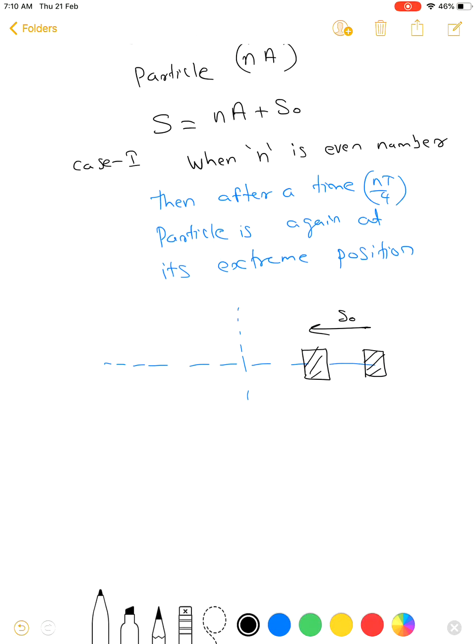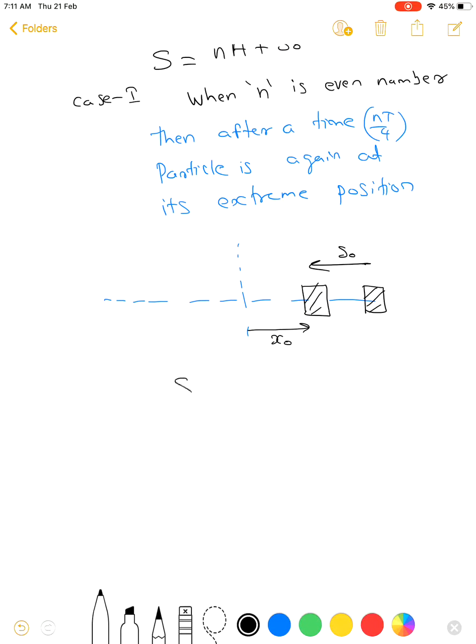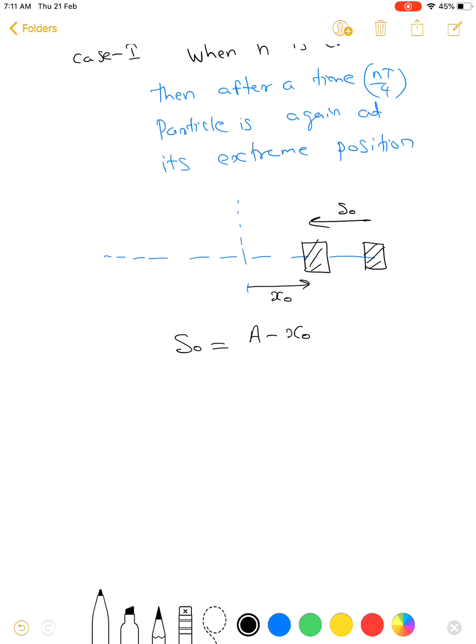But if you are using the relation x is equal to a cos omega t, the value of x will always give the displacement from the mean position. So let's say that distance is x naught. So we can write the value of S naught is equal to the amplitude of oscillation minus x naught, which is a minus a cos omega t naught.